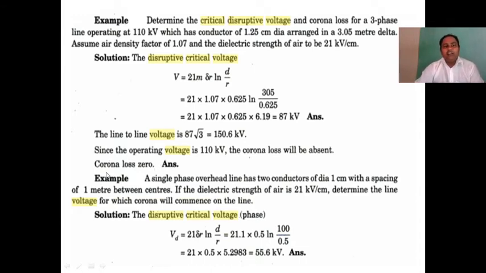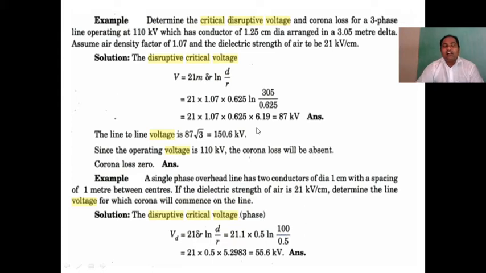This is a very good problem. Determine the critical disruptive voltage and corona loss. The critical disruptive voltage is 87 kV, and for the three-phase operating voltage of 110 kV the corona loss does not occur, so the corona loss is 0. Where does the corona loss occur? The corona loss occurs at a line to line voltage of 150.6 kV.